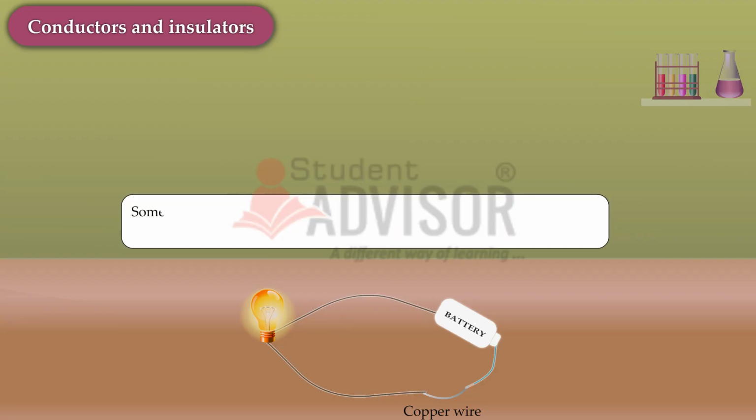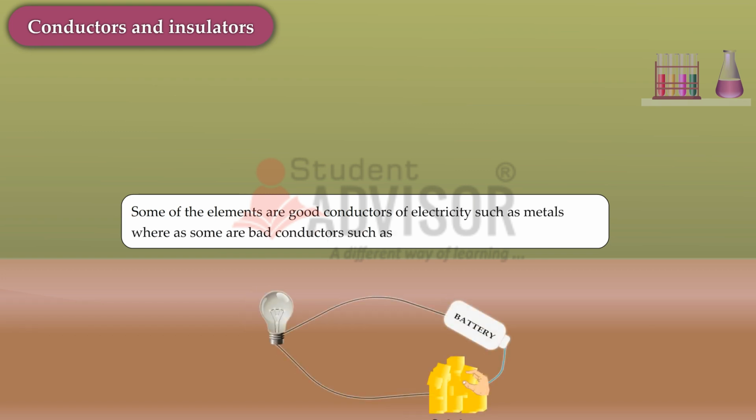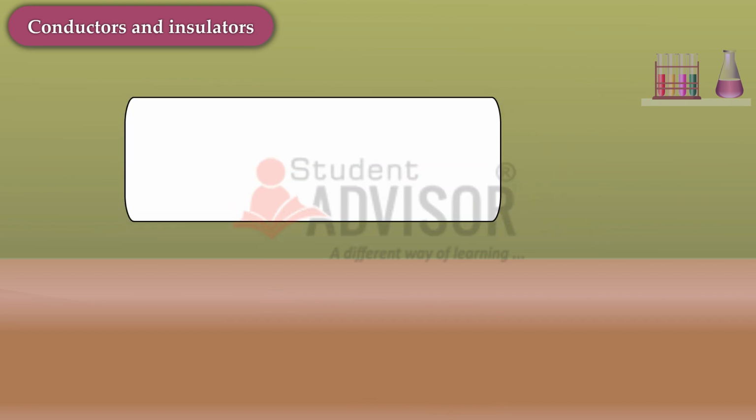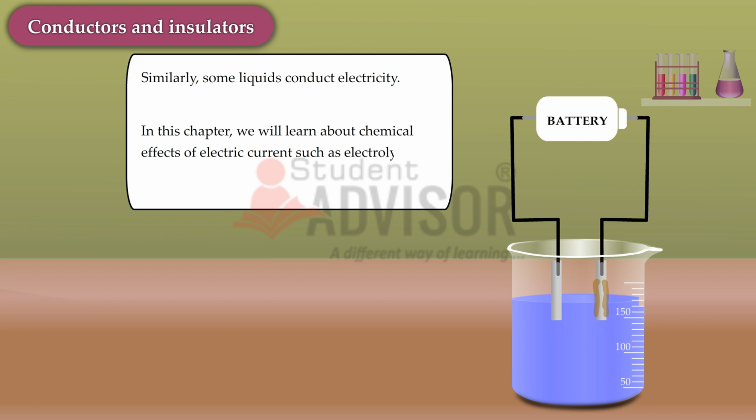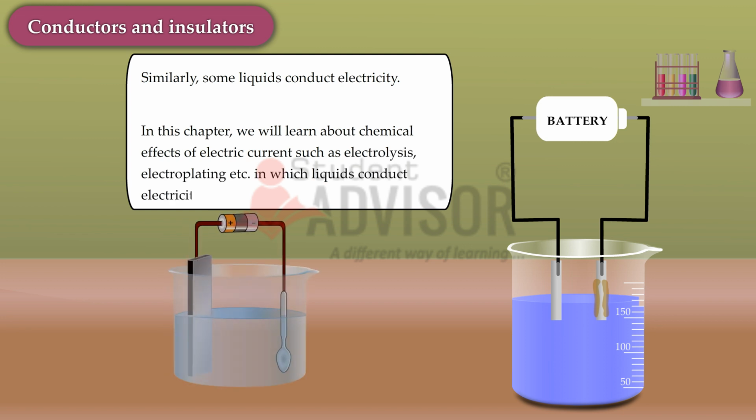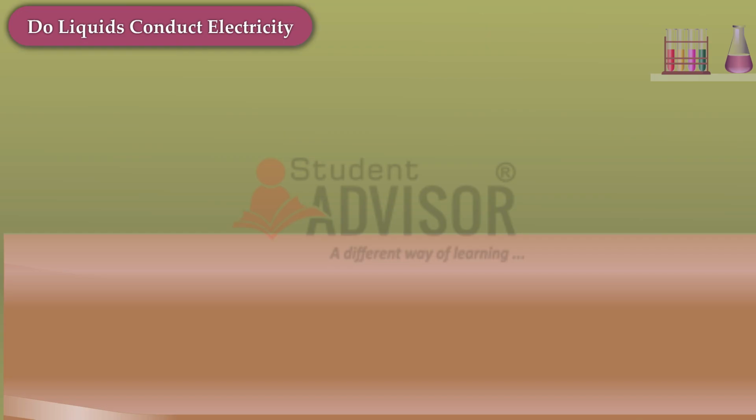Some of the elements are good conductors of electricity such as metals, whereas some are bad conductors such as non-metals. Similarly, some liquids conduct electricity. In this chapter, we will learn about chemical effects of electric current such as electrolysis, electroplating, etc., in which liquids conduct electricity. Do liquids conduct electricity?